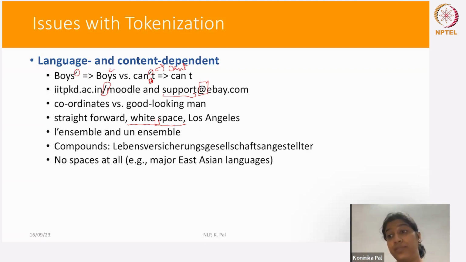There are many languages like German and Sanskrit where we combine multiple words together to make a longer word. Like here, Leben is one word, Versicherung is one word, Schlappt is one word, Angestellte is another word, and the four words have been combined into one single word.